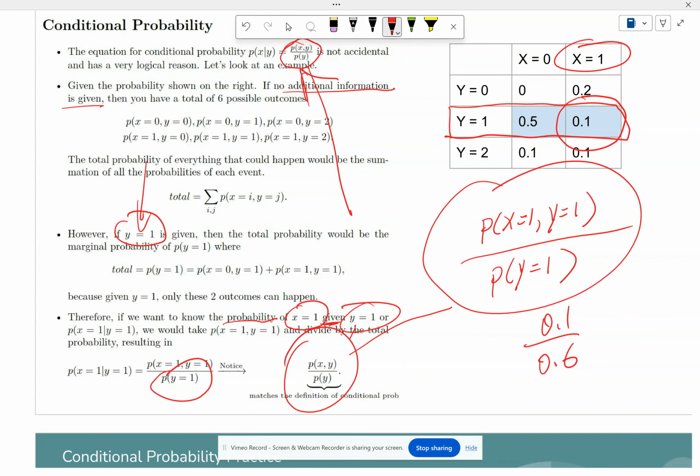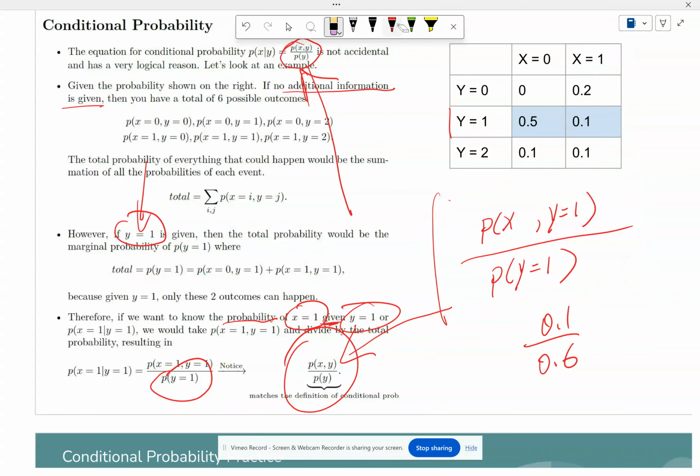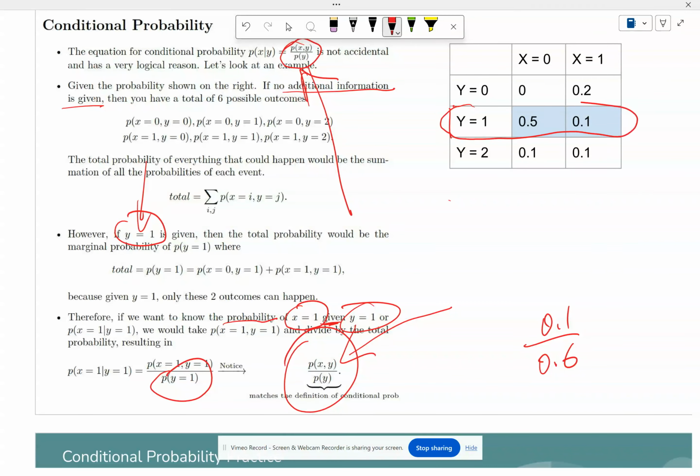So when you look at this equation, you need to understand what's happening. When you're doing probability and something is given, what it essentially is doing is restraining all the possible outcomes. And after it restrains it, the 100% of the outcome is therefore smaller, right?